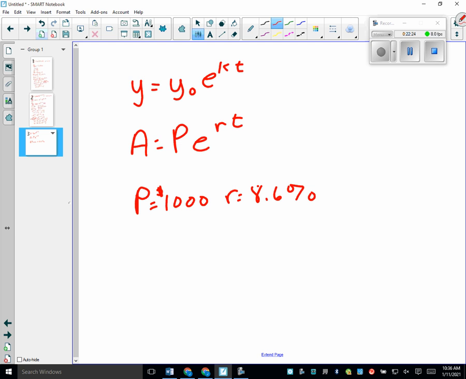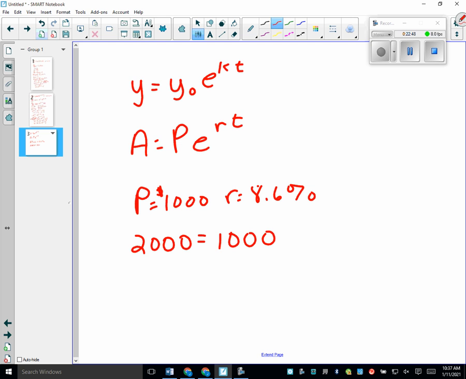Compounding at 8.6%. Now let me tell you, you're going to have to let it stay. Continuously means every second. So since it's doubling, I want to know, when will I have 2,000?